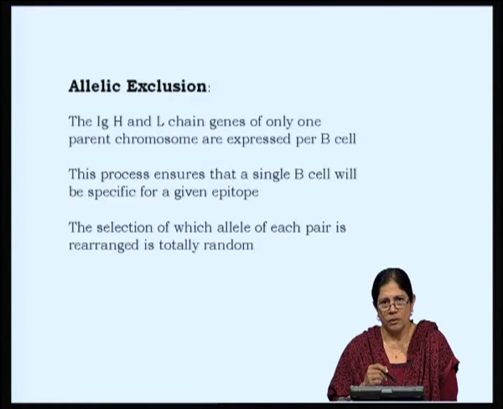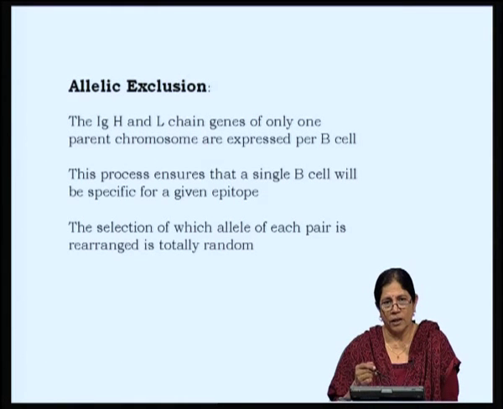We all get both paternal and maternal alleles, and they are equal. However, in the B cells, which heavy chain allele is rearranged first or is successful is totally random.